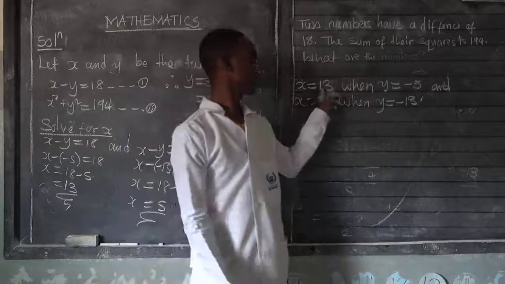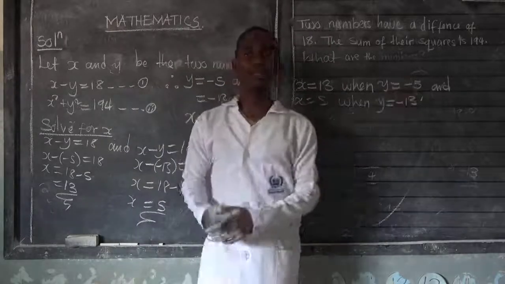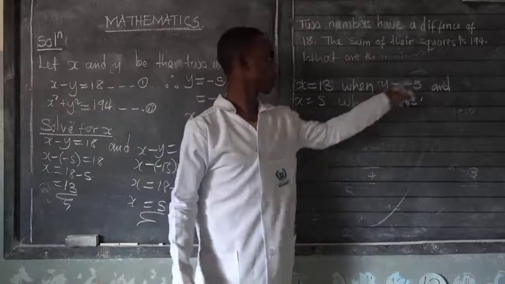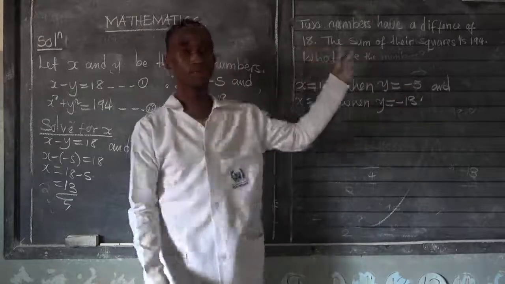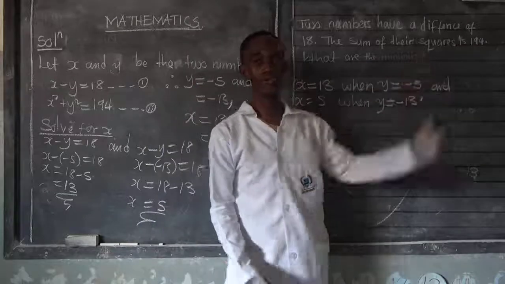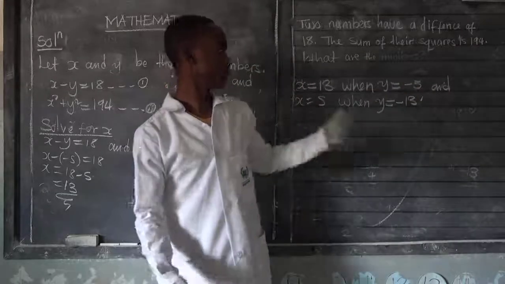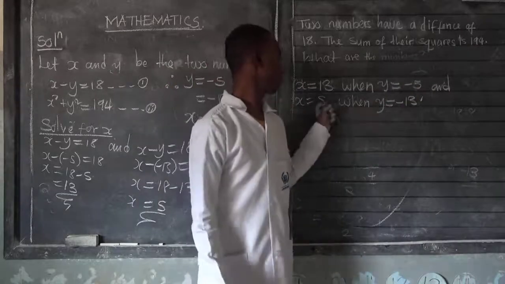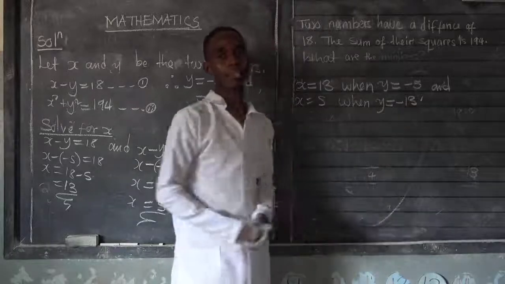In the case where x is equal to 13 and y is equal to negative 5, when you subtract these two, you get their difference to be 18. And also if you square these two, you get 194 as the sum of their squares. The behavior will be the same for the other pair of values.